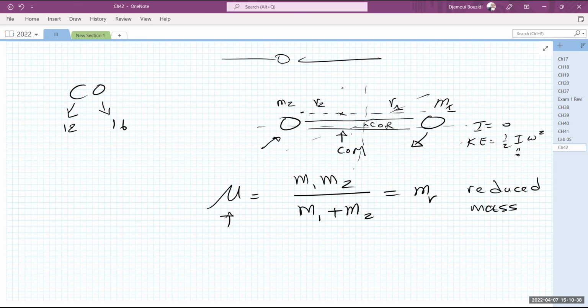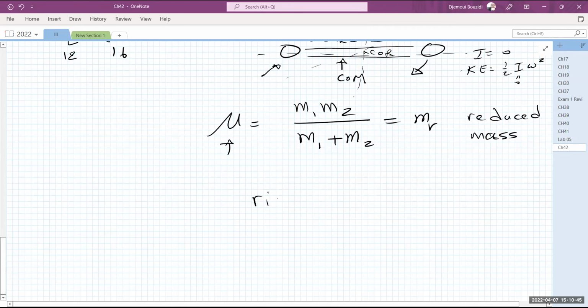Here is something that you probably remember from physics 1 also: when I have a rigid body that can spin around some axis with an angular velocity omega. So this is the center of rotation, and actually this is the axis of rotation.